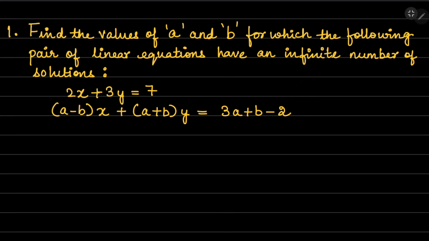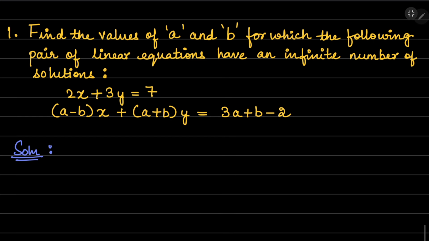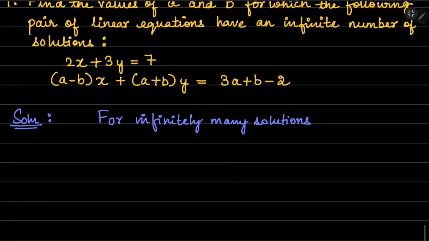Okay, so for infinitely many solutions, in order for this particular pair or system of equations to have infinitely many solutions, the ratios of the coefficients, that is a1 by a2, b1 by b2 and c1 by c2 should all be equal.